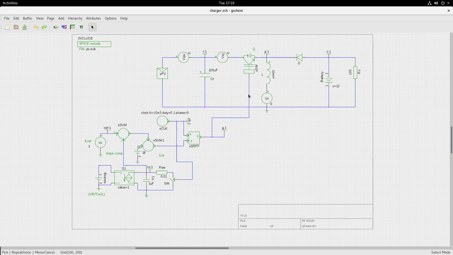Now how are we getting the PWM signals for duty cycle control? This is the SR latch. We have discussed that. Now there is this summing junction where I am having IL measured. I am sensing it from this source.